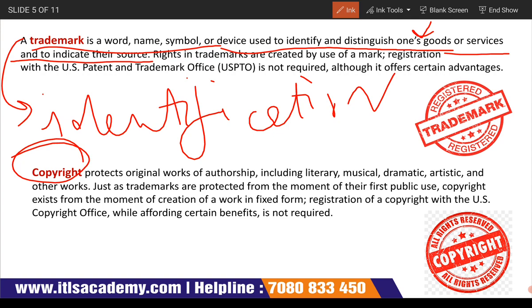So what is the difference between a trademark and copyright?